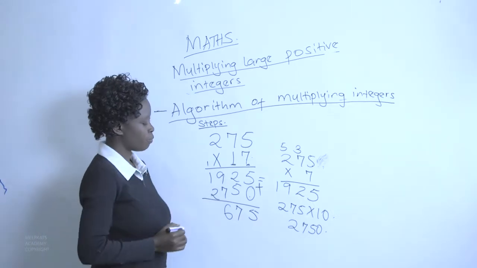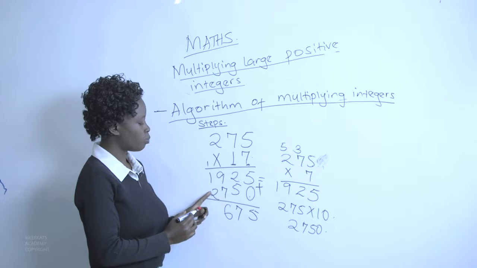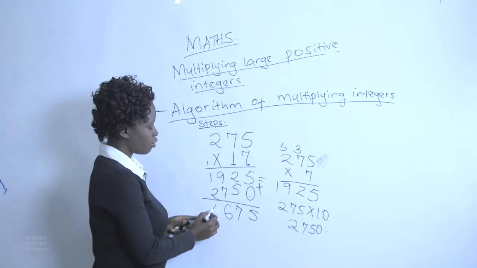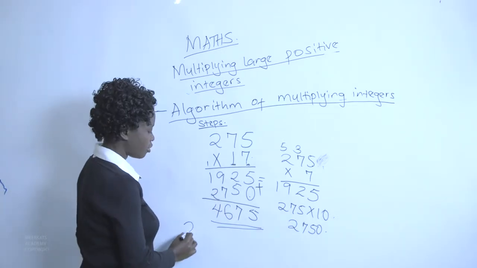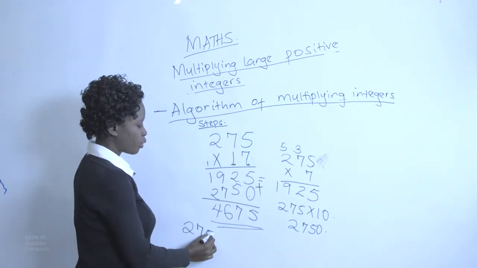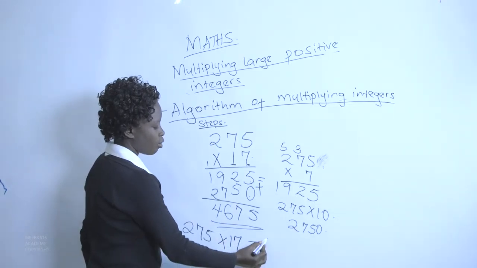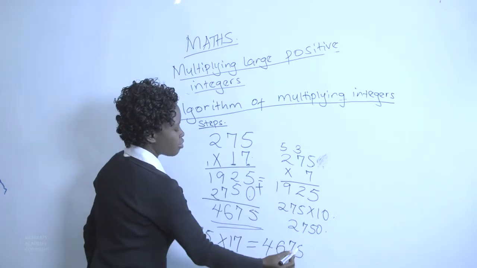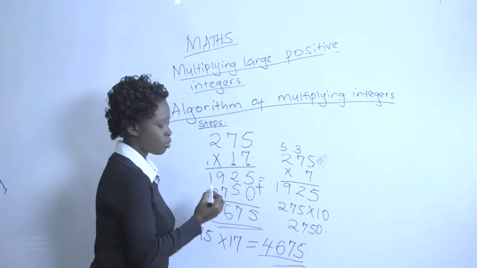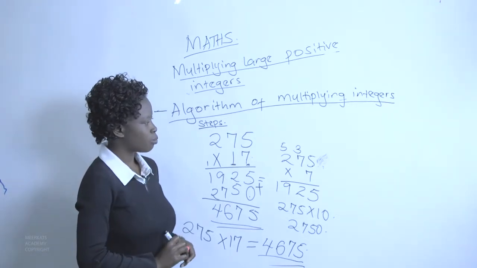So I'm carrying 1. Then I have 1 plus 1, that is 2. 2 plus 2, we get 4. So it simply means 275 multiplied by 17, the answer obtained is 4,675.